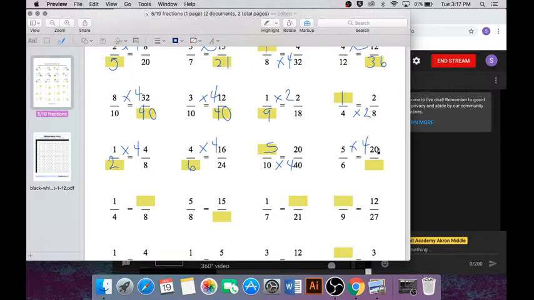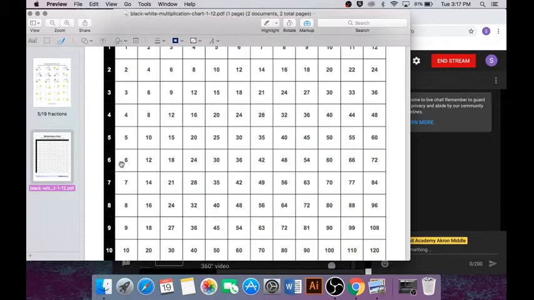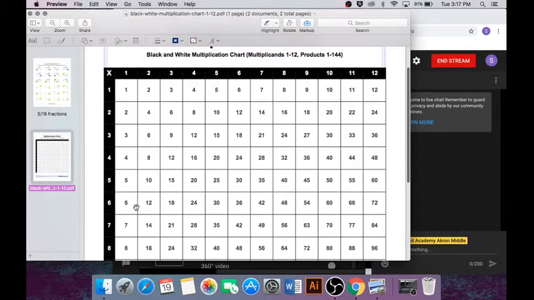Okay, we multiplied our top times 4 to get 20. Now we're going to multiply our bottom times 4 to get this number. So we're starting with 6, and we're going to multiply it by 4. So we go to our 6 times table, and we're going to multiply it times 4. So our answer is going to be 24.